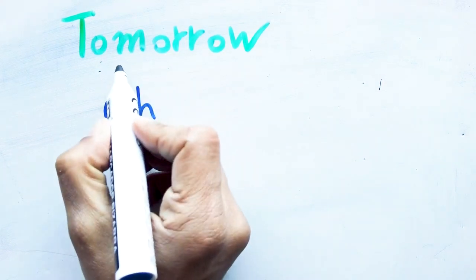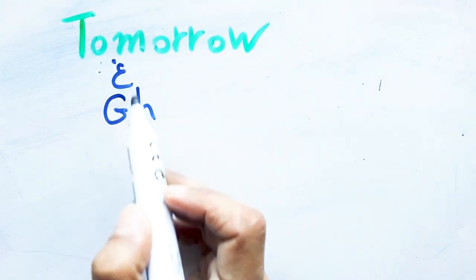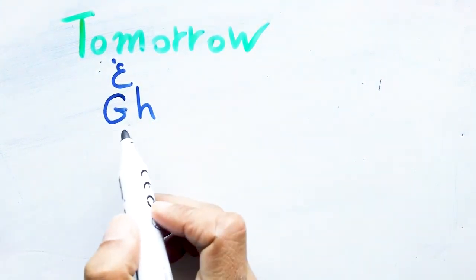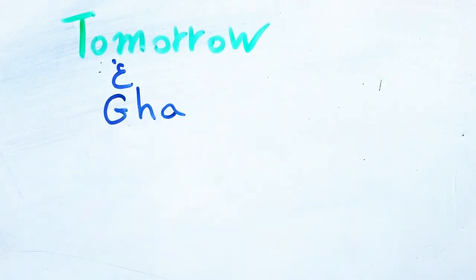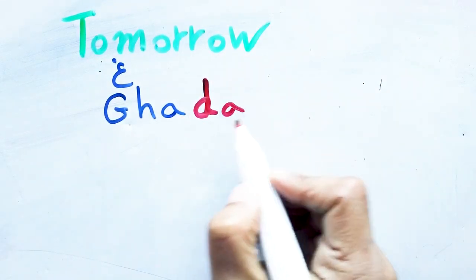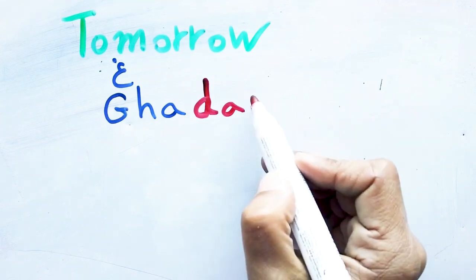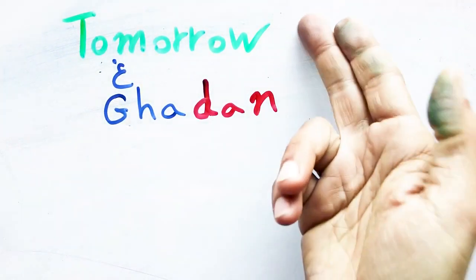The sound of this does not exist in English. It sounds like R in French. Gha. And then da, I have the sound of D, and in the end I have the sound of N. Ghadan, tomorrow.